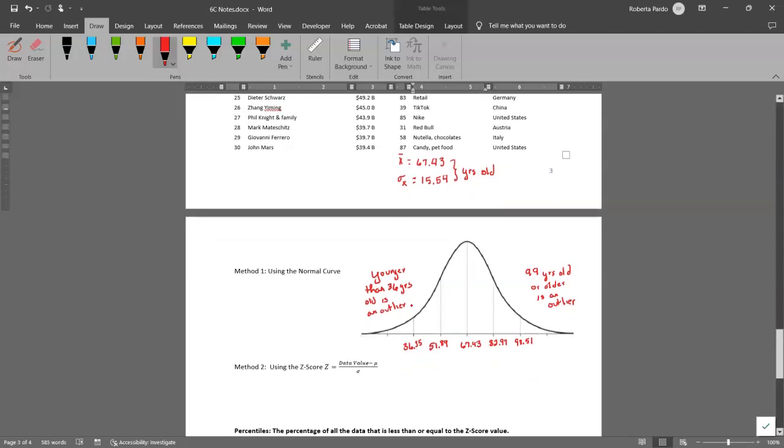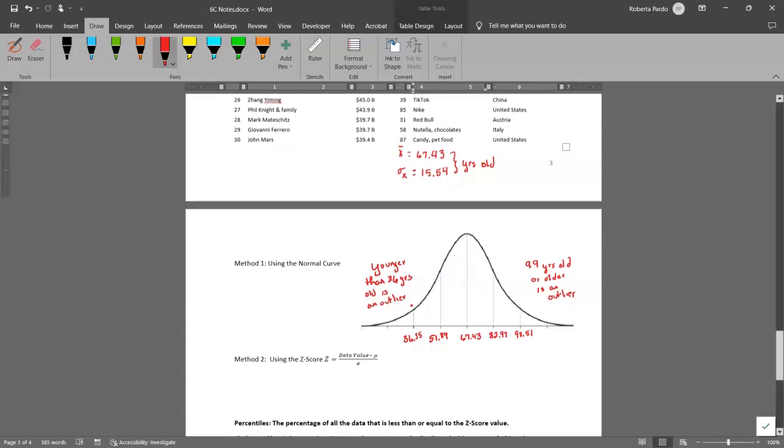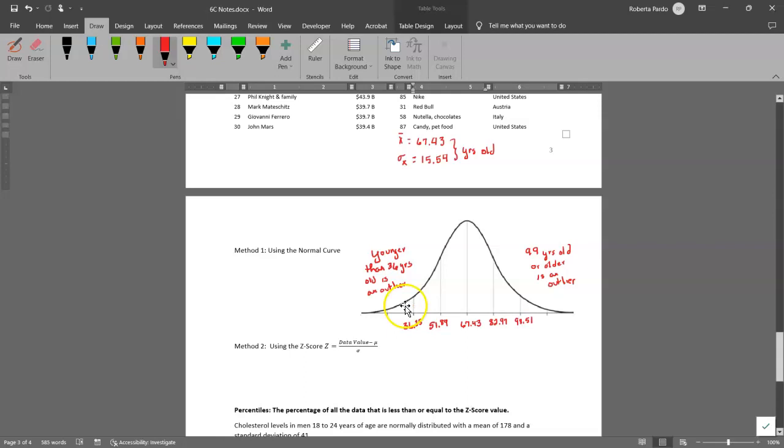Now, for the z-score method, let's just take the last person, John Mars, and find out whether his age is an outlier. You take the data value minus the mean, divided by the standard deviation. Let's take this 87-year-old. We want to know the z-score for an 87-year-old.